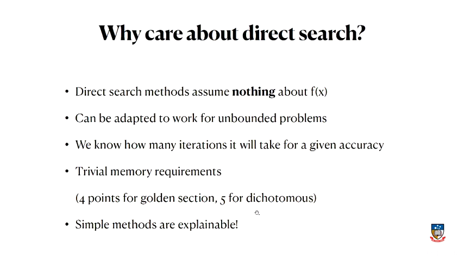This optimization is really trivial on computer memory, which is cool. And also simple methods like these are explainable. I think there is a power in things where you can explain the method that you've used to optimize your function really simply, without needing too much calculus or anything like this.